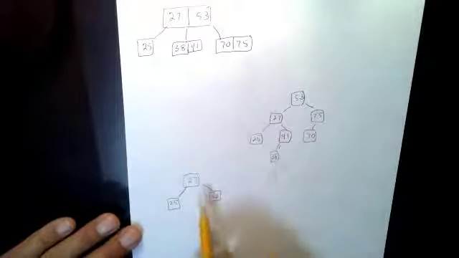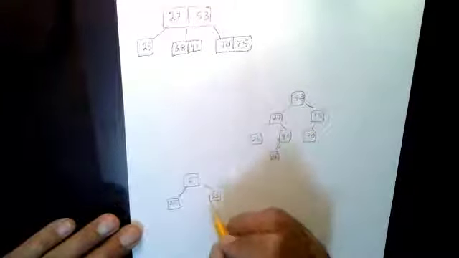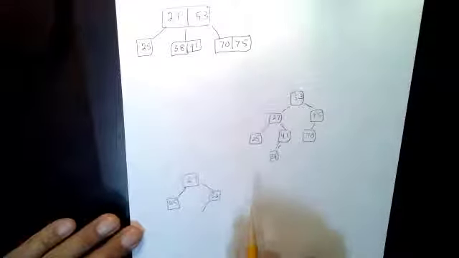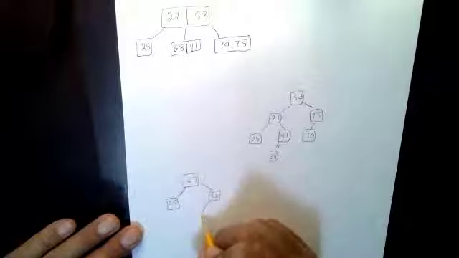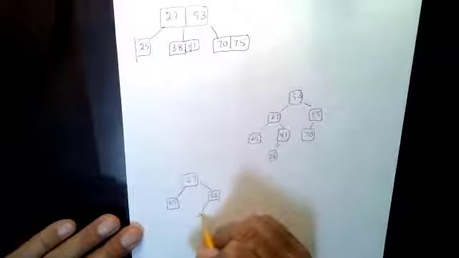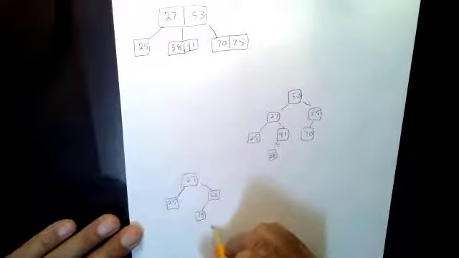All right. Between 27 and 53, I'm going to have a black link. And it's going to come down, and it's going to be either 38 and 41 with a red, or it could be rotated around.